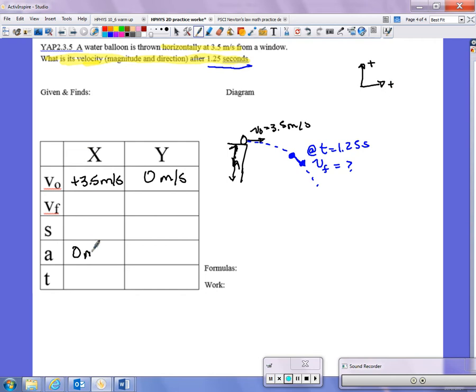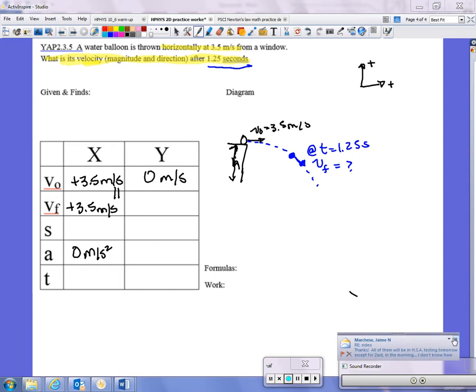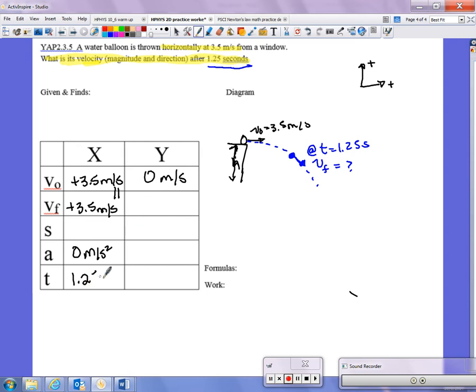I have no acceleration in the x direction, so that means my initial velocity and my final velocity have the same magnitude and direction. And then I have that my time is 1.25 seconds.